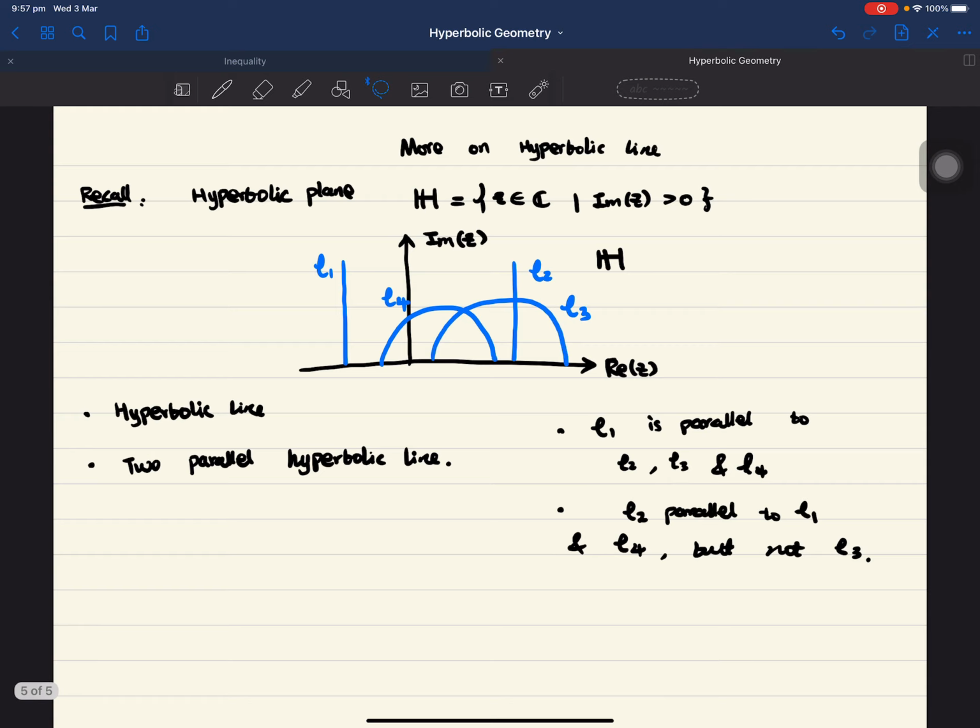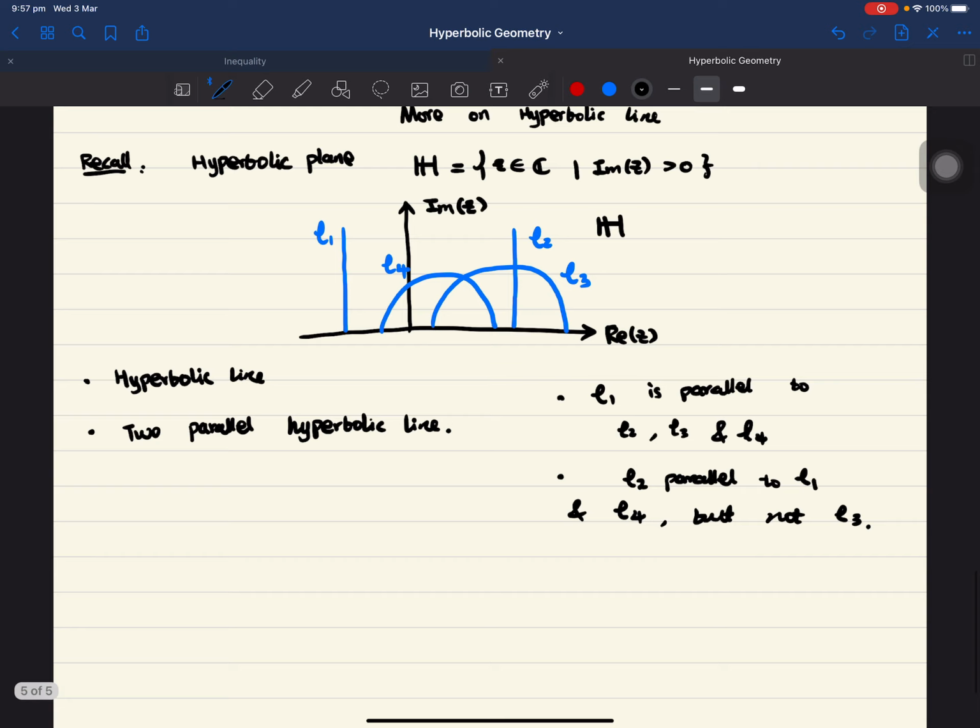Okay, and we also talk about how to construct those hyperbolic lines on the hyperbolic plane.